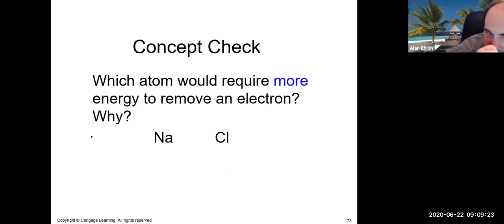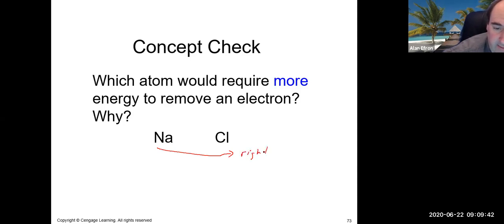So let's talk a little bit about which atom would require more energy to remove an electron, sodium or chlorine. When we look at sodium and chlorine, they are in the same period on the periodic table. And we see that chlorine is further to the right.